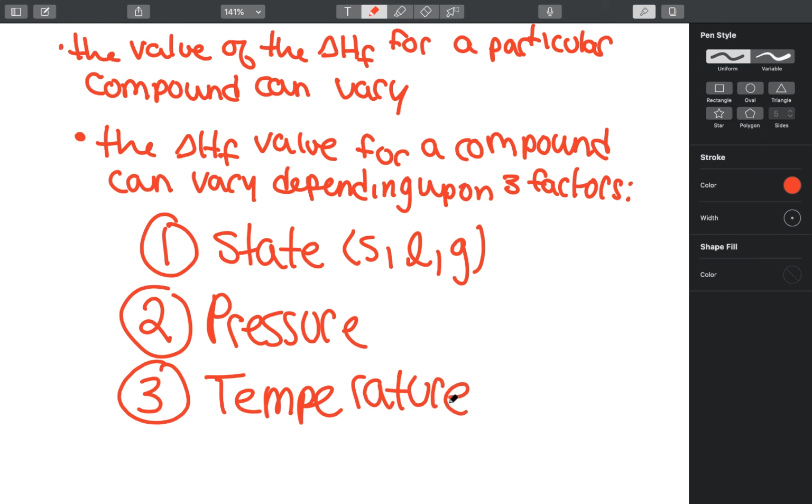Therefore, since the heat of formation value can change depending on these three factors, we need to find a certain standard set of conditions in order to compare enthalpy of formation values to each other.